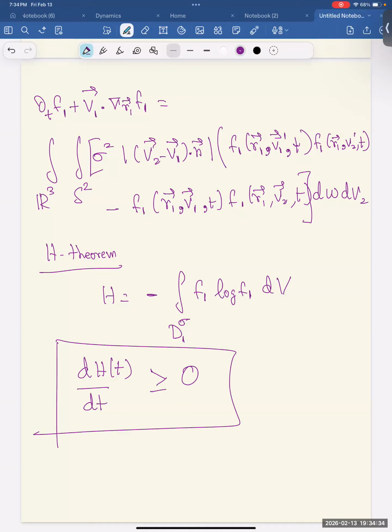The solution of the Boltzmann equation, let's call it equation 1, gives you F1, and the entropy of F1 always increases or stays constant. This is the H theorem, and there is a lot of confusion around it.